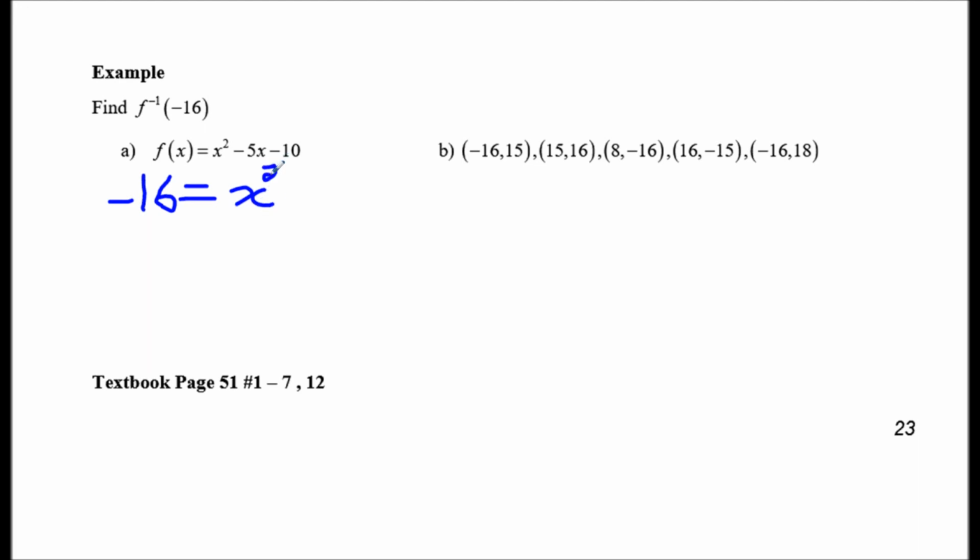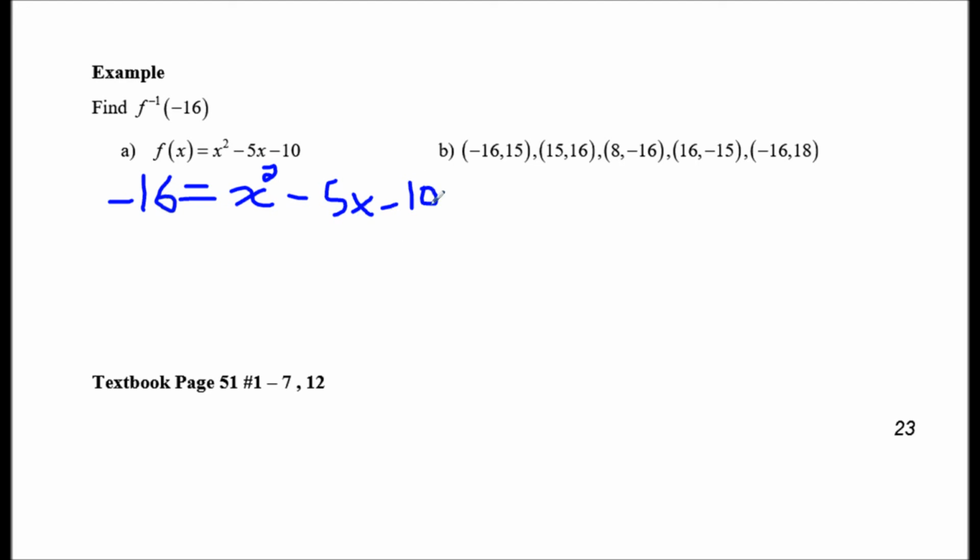My students, we're going to have a nice little quadratic that looks like this. And I know what you're going to say. Okay, no problem, we know how to solve quadratics that equal -16. Move the -16 over, and you'll get 0 is equal to x squared minus 5x plus 6.